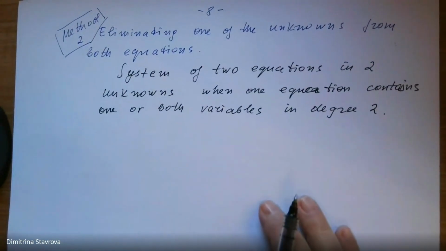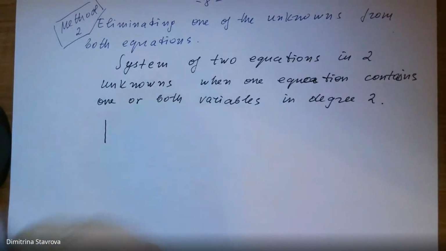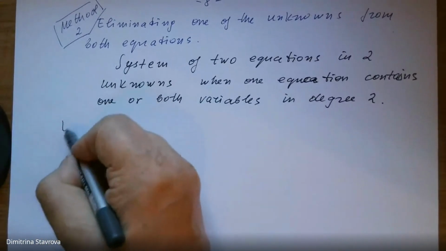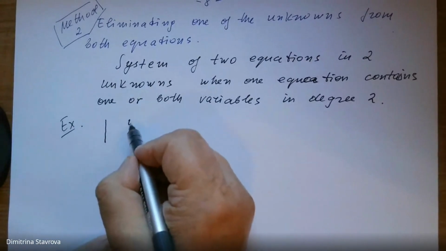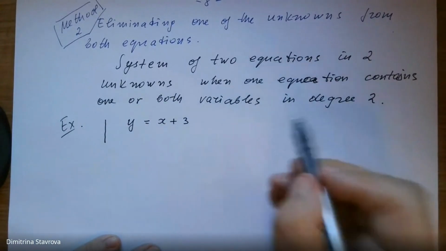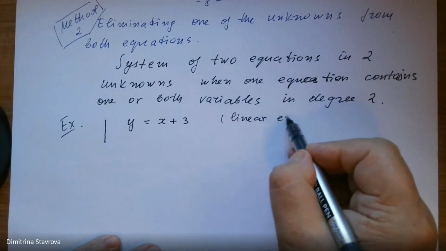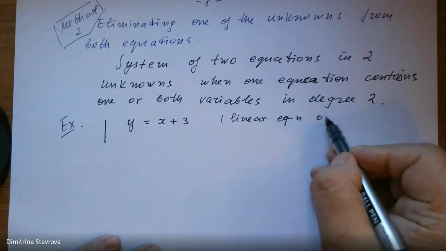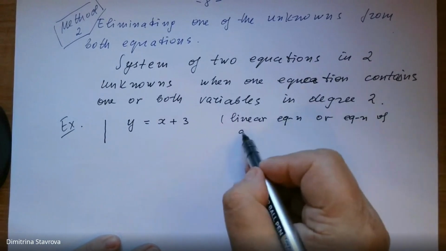For example, let's look at such a system of equations. Let's have y equals x plus 3. This is a linear equation, or equation of a line.